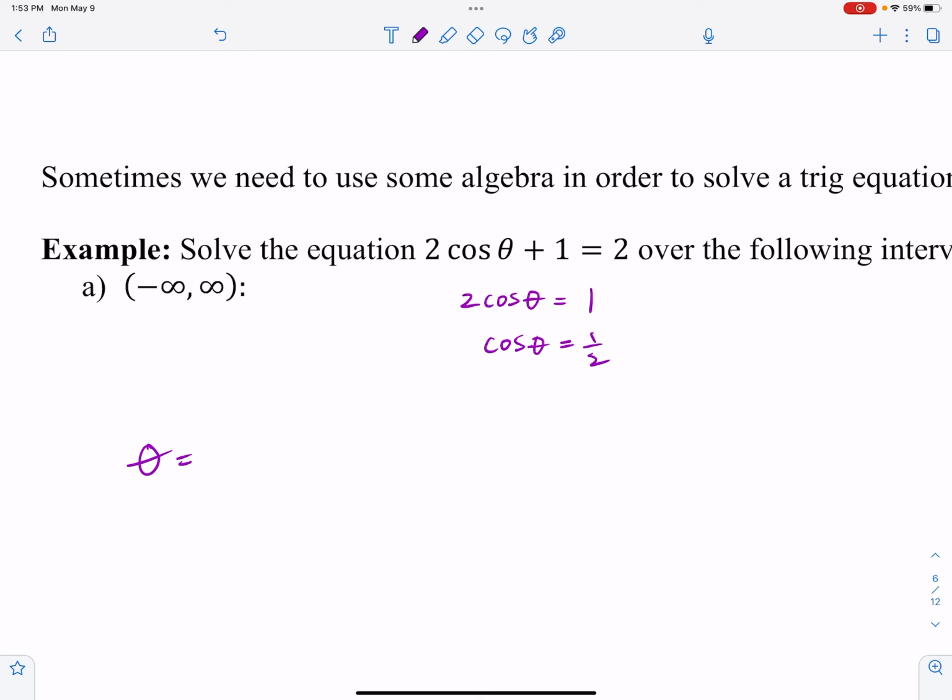In quadrant 1, cosine would be equal to 1/2 at pi over 3. And then we need to add 2 pi n to include all of the coterminal angles. And then in quadrant 4, 5 pi over 3 would make that a true statement, or would be where cosine is equal to positive 1/2, and we add 2 pi n.